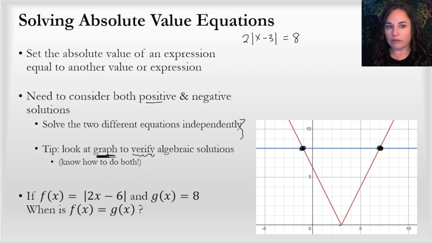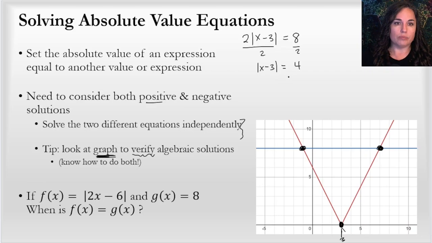And that's going to jive with what I see on the graph, where I see the vertex of this absolute value function at 3. So what we're going to do is get the absolute value by itself on one side and everything else on the other, which is pretty easy in this situation. I'm just going to divide by 2, so I get the absolute value of x minus 3 equals 4.